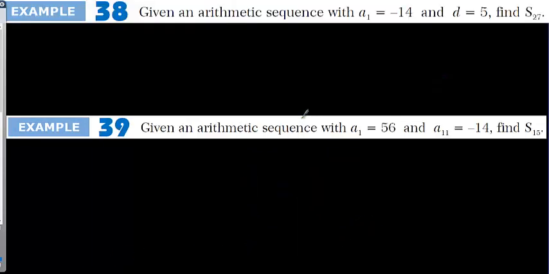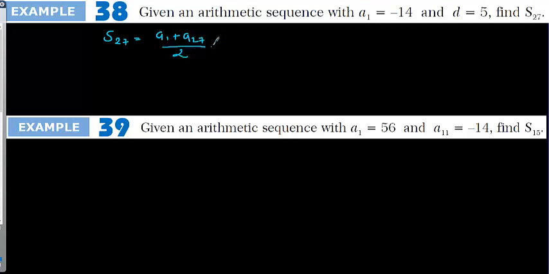Okay, let's continue with the questions. Given arithmetic sequence with a1 equal to minus 14, d equal to 5, find S27. So for S27, I need a1 and a27 over 2.